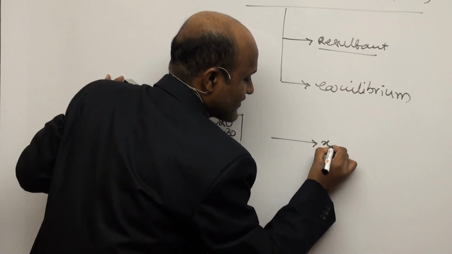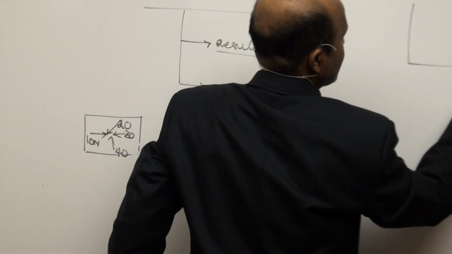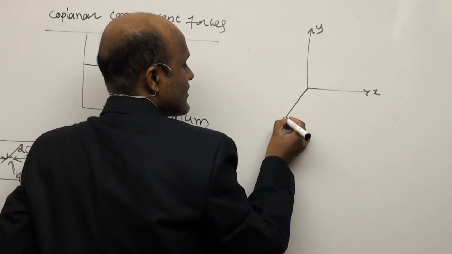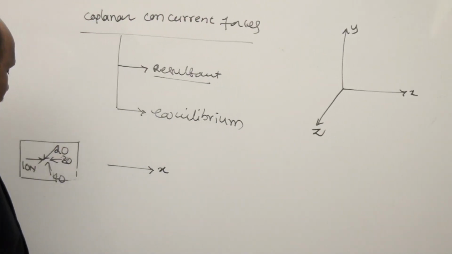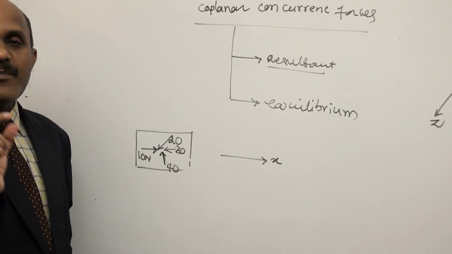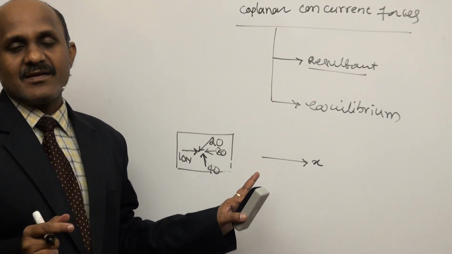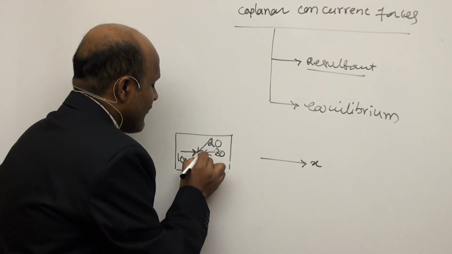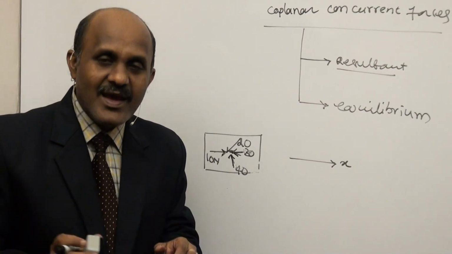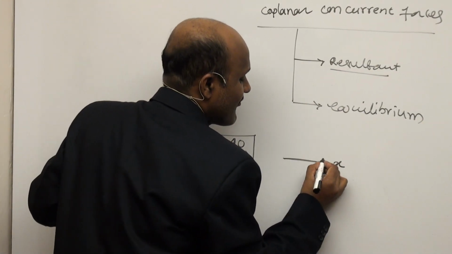This is the x axis direction, this is the y axis direction, perpendicular to both is the z axis direction. Because of these coplanar concurrent forces, the body may move in a horizontal or vertical direction. That is, the body has translation either in the x direction or in the y direction.